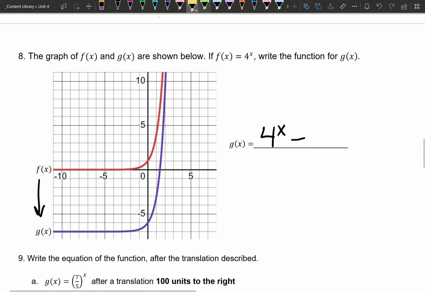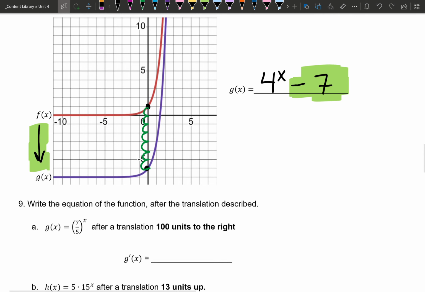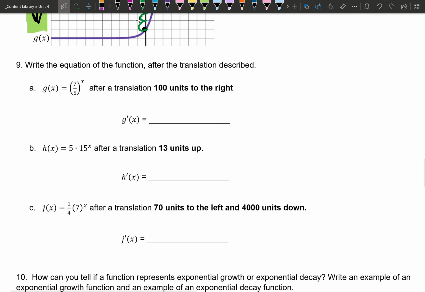So g of x is definitely 4 to the power of x and then minus, because we're going down. Now let's see how many we go down. What's a good point? Let's do this point and this point. The y-intercept's always an easy one to count. Okay, 1, 2, 3, 4, 5, 6, 7. Minus 7.